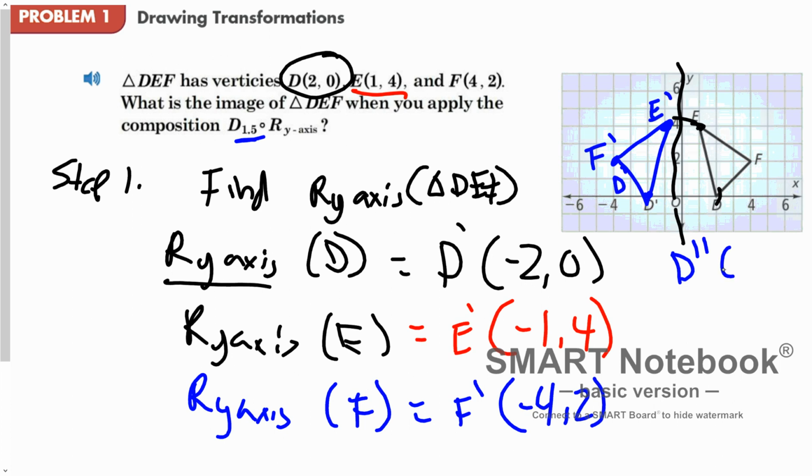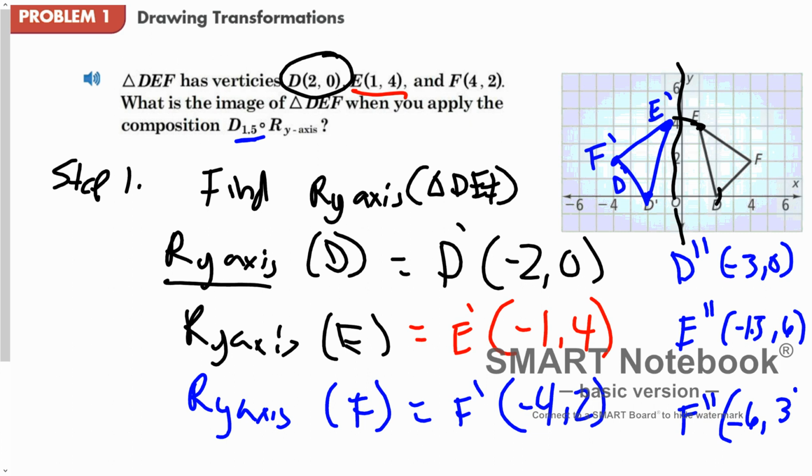I get -3, 0. And then E prime, multiply these two numbers, -1 and 4, by 1.5, and I get -1.5 and 6. And then F prime is multiplied by 1.5, so F double prime is -6, 3.